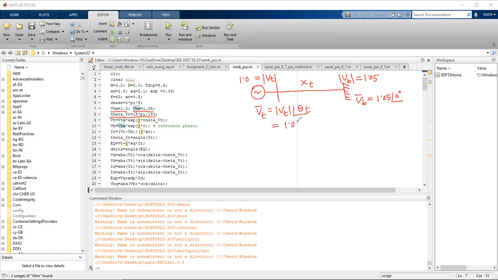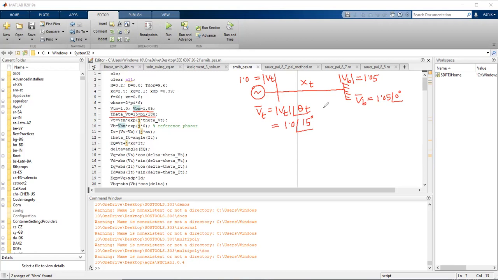So this is basically 1.0 angle 15 degrees. Instead of PT and QT, you have this set of information available. So how do we start the calculation process and get the phasor diagram done?